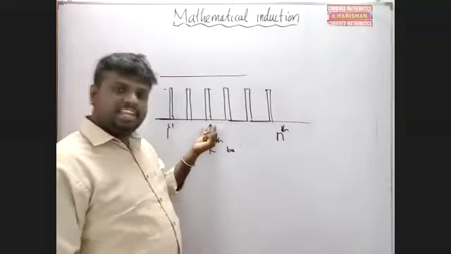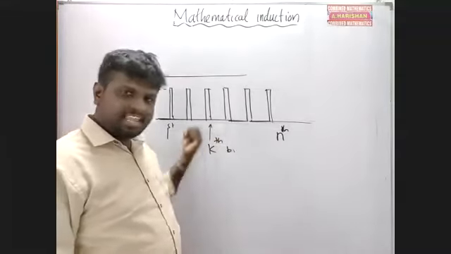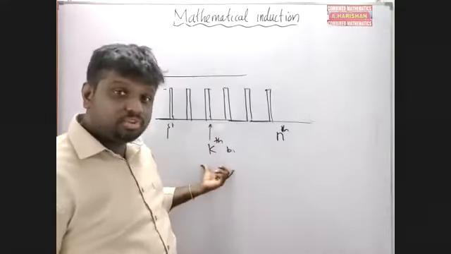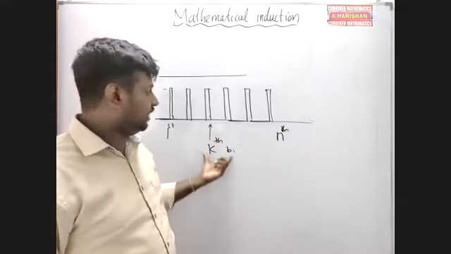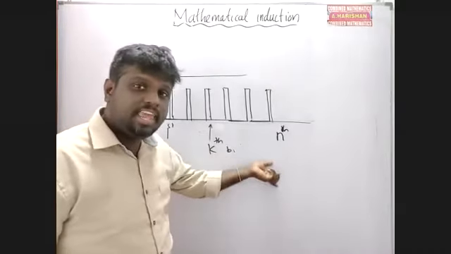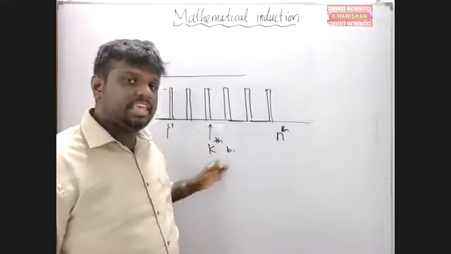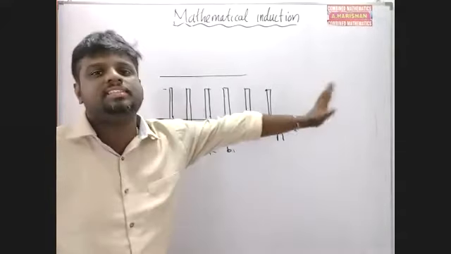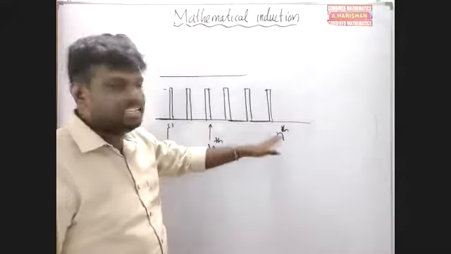So I need to assume that the K book is falling. Then I need to show that because of that, the K plus one book also falls, and then this process is true until the end.